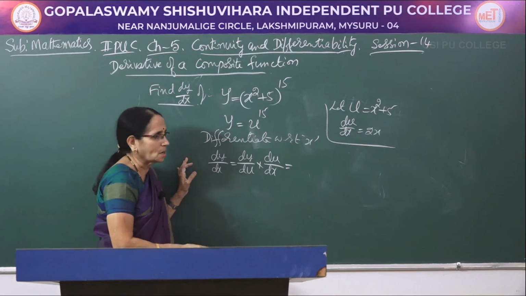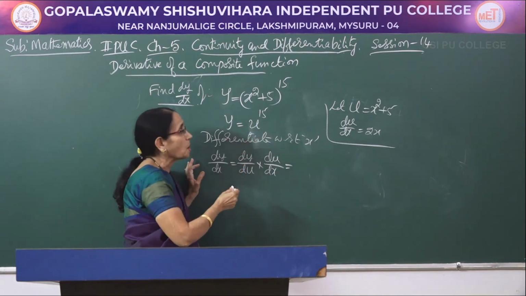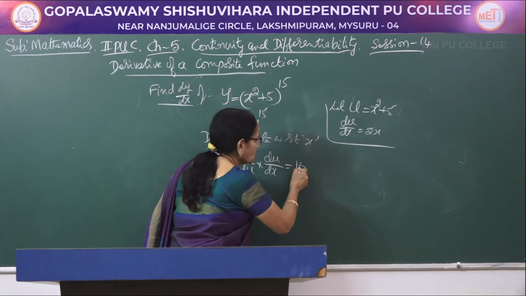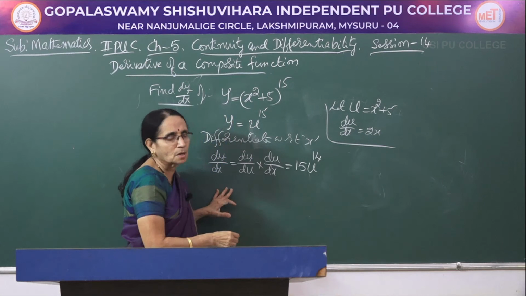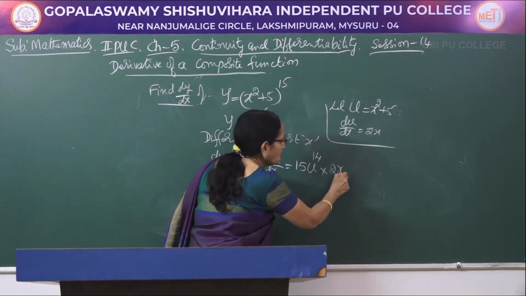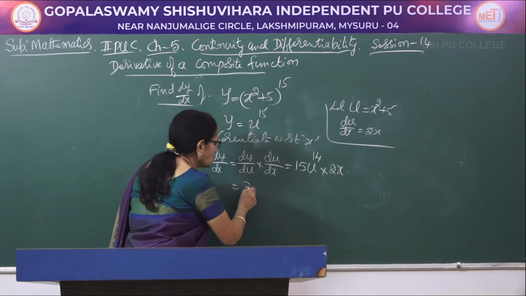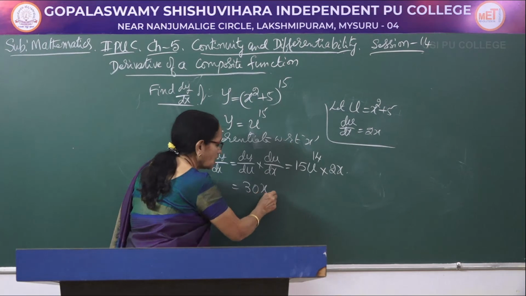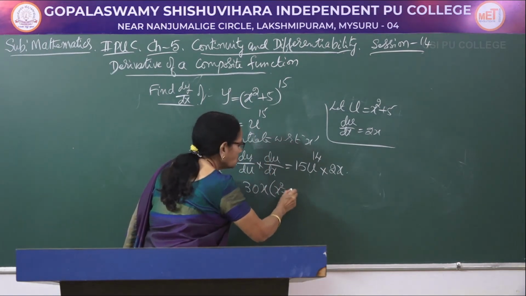Now, dy by du, differentiating with respect to u, applying the formula, is 15 into u to the power 14. Next, du by dx we have already calculated, that is equal to 2x. Now multiply 15 twos are 30 into x, and write what u is, it is x square plus 5 to the power 14.